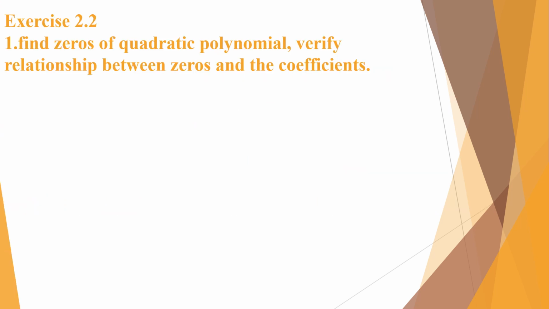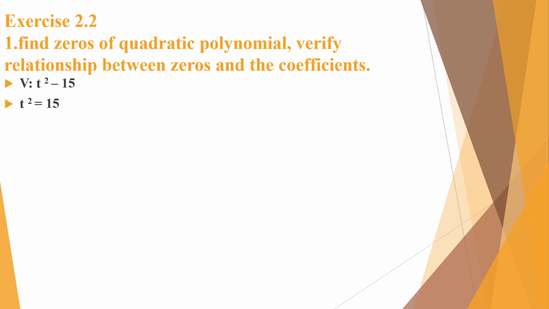Find the zeros of the quadratic polynomial and verify the relationship between the zeros and the coefficients. t square minus 15 is the given equation. t square equals plus 15, because once it moves to the other side, the sign changes to positive.